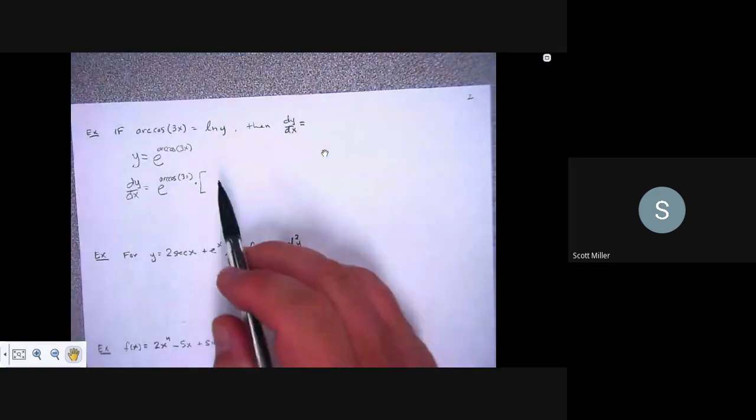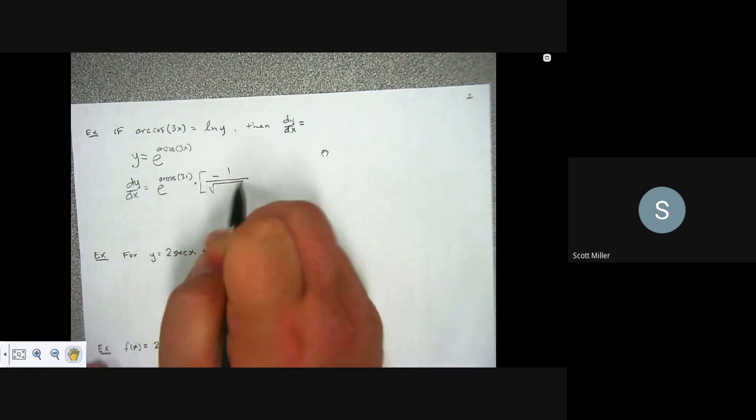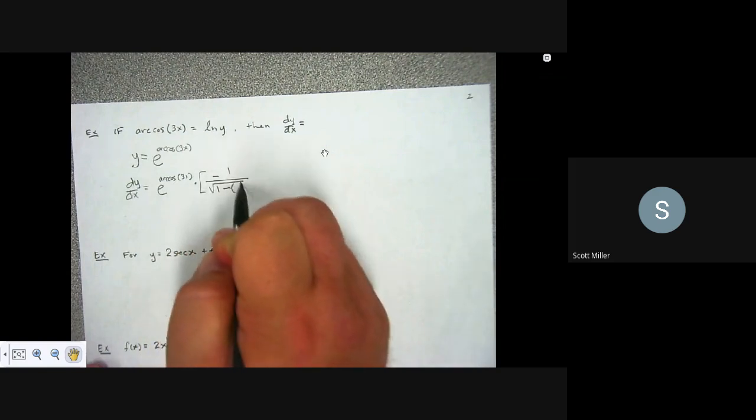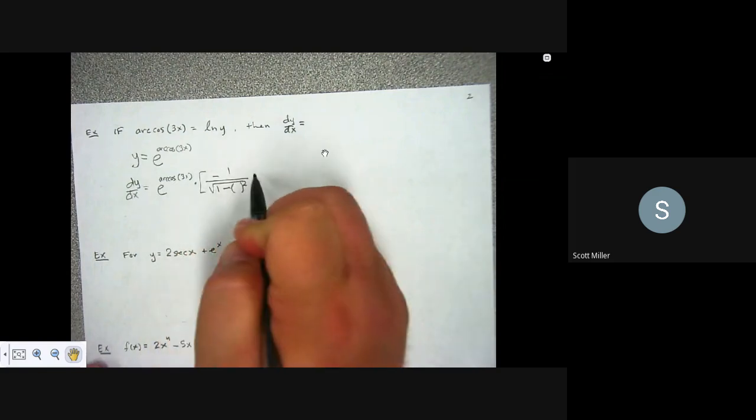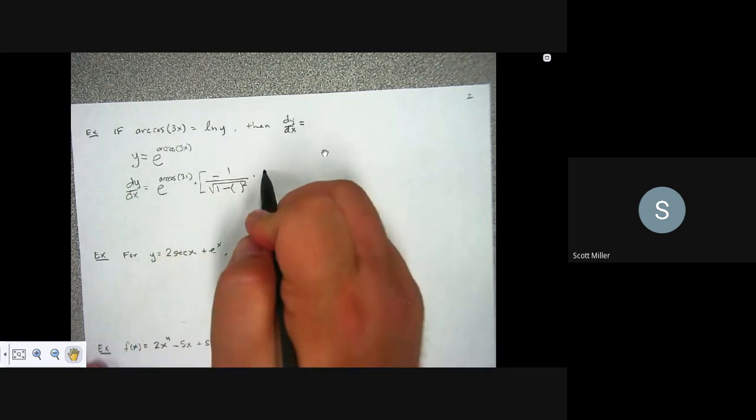So u in our case here is going to be 3x. So keep that in mind. So then this is going to become a negative 1 over the square root of 1 minus u squared times du/dx, the derivative of 3x, which is simply 3.